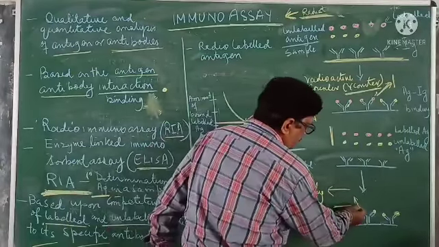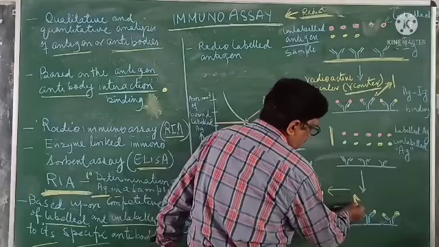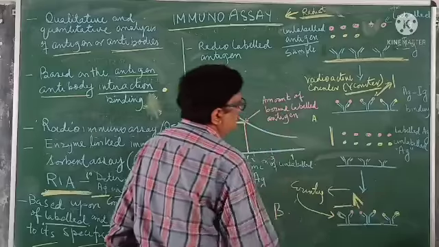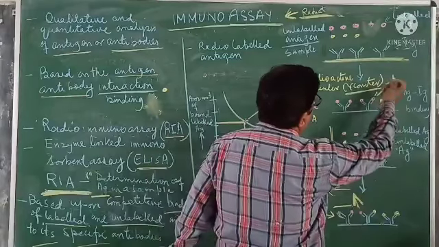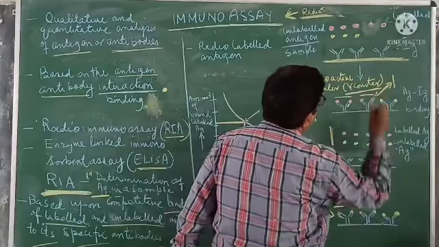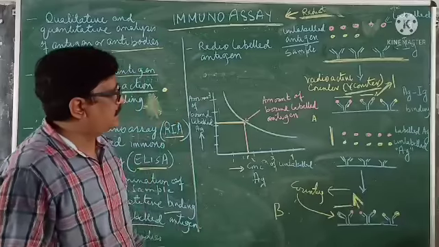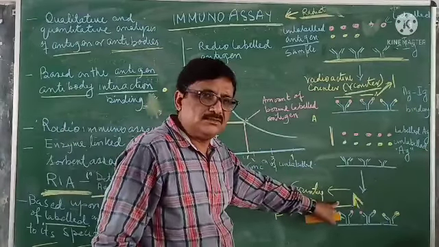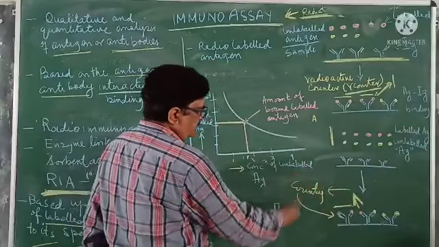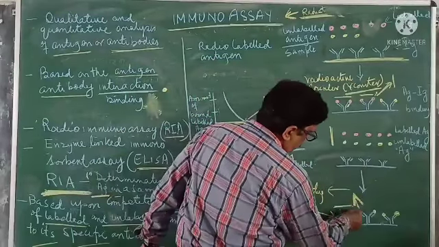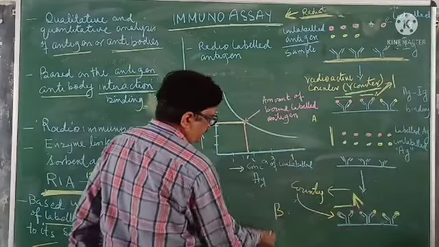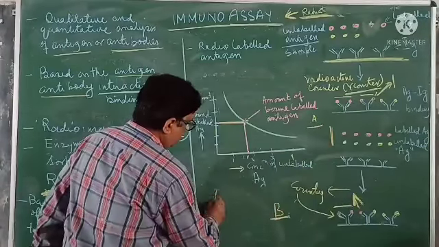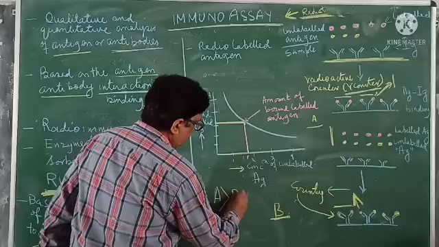That means the radiation from these three bound antigens will be less than the radiation coming out from the four bound antigens. So this radiation will be more than this radiation. By counting this we can calculate the amount of antigen, which is B. That means by calculation we can say A will be greater than B.